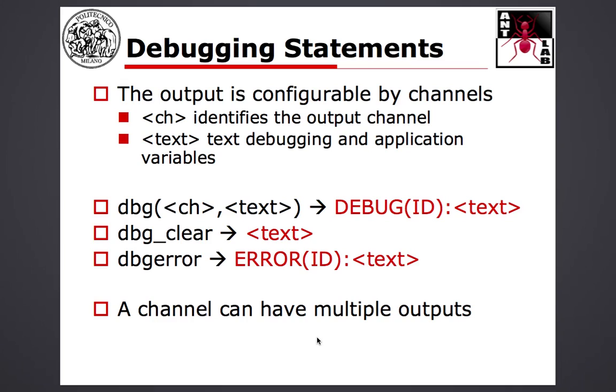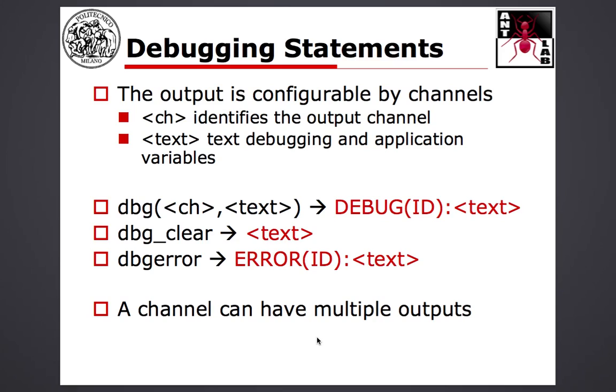Why do we want to separate debug statements? Well, it might be useful when, for example, you have a very complex application, in which the radio stack is doing something, and on top of that you have some processing functionalities that are doing something, and you want to check if the two separate blocks are working fine.